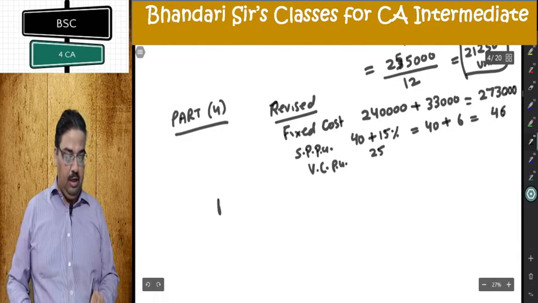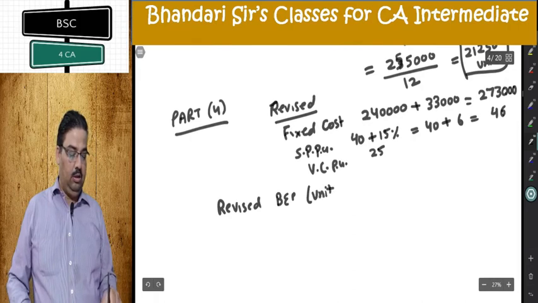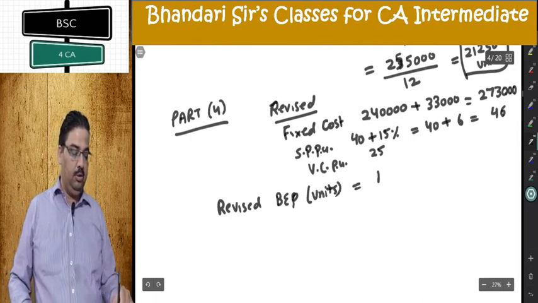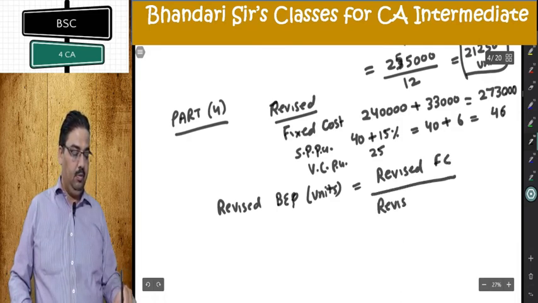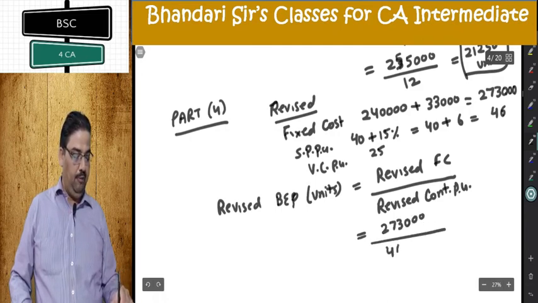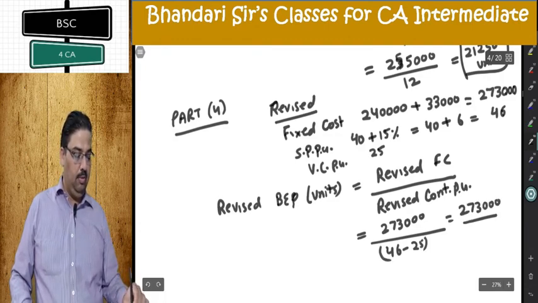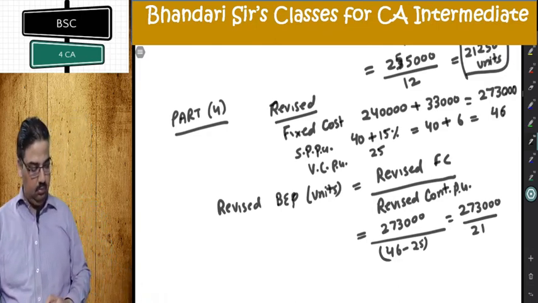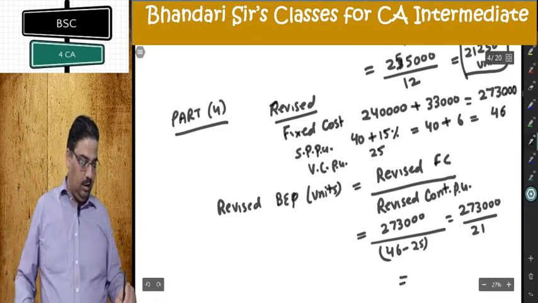Have to compute revised break-even point in units, which is equal to revised fixed cost divided by revised contribution per unit: 2,73,000 divided by 46 minus 25, 2,73,000 divided by 21. That is 13,000 shirts or units.